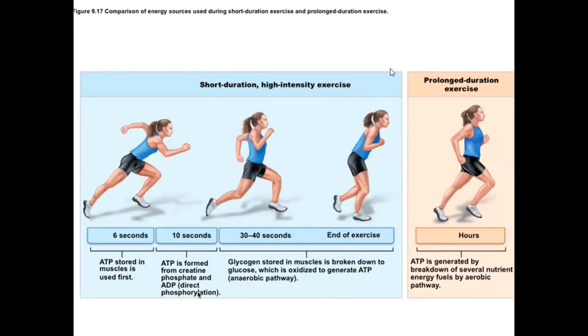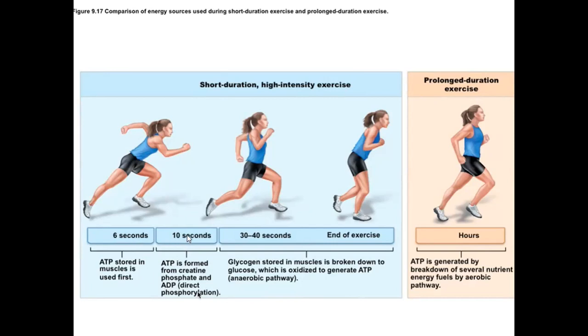You exhaust very easily. As opposed to the endurance exercises where you can run a marathon for hours. If we look at these periods of time, when you have that dash, the sprint, in the first 6 seconds to start off the sprint, you are utilizing the ATP that is already in the myofibrils.